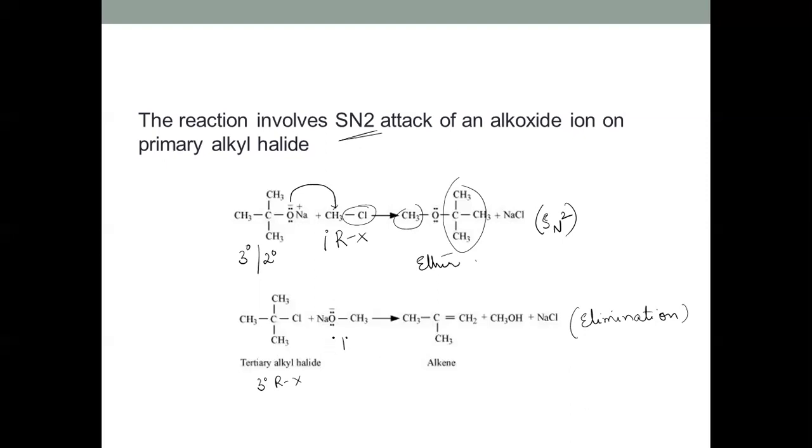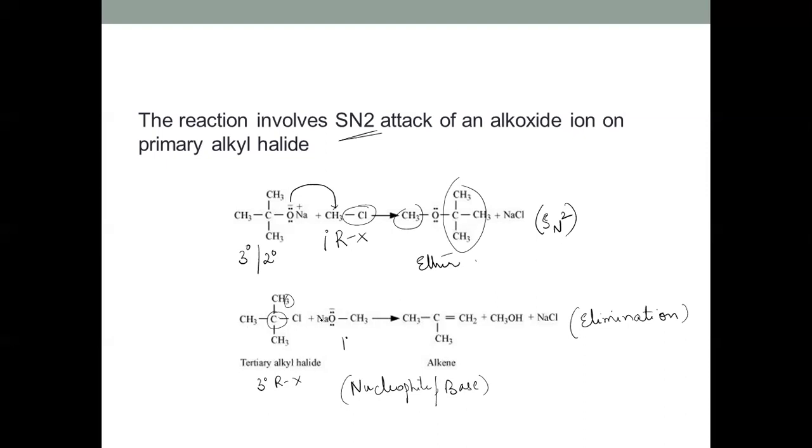What is the reason for getting this alkene? Here we know that the alkoxide ion, that is sodium alkoxide, is a nucleophile and also acts as a base. The function of the nucleophile is to attack this carbon atom, but the function of the base is to attract a proton from the beta carbon.